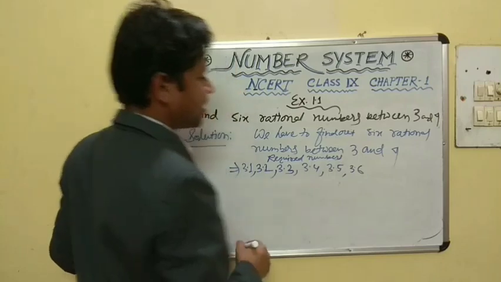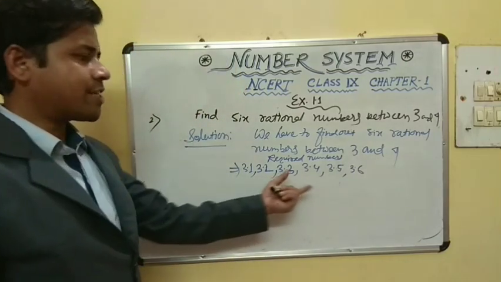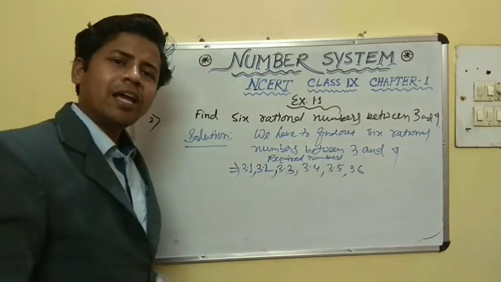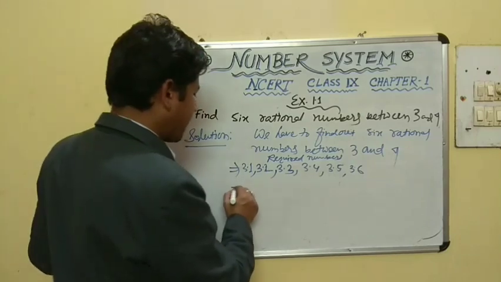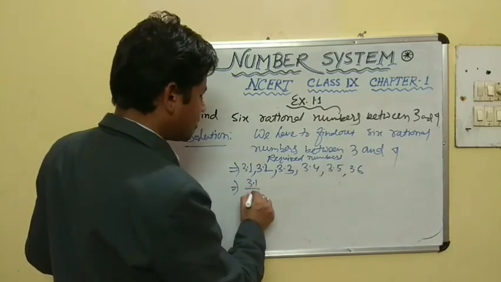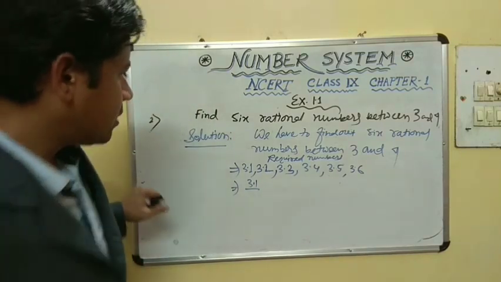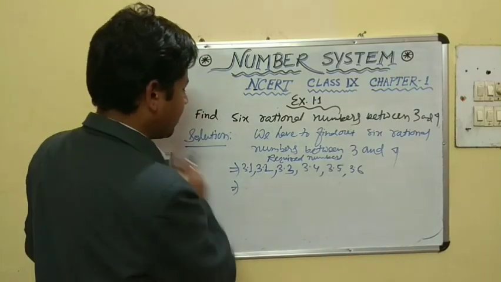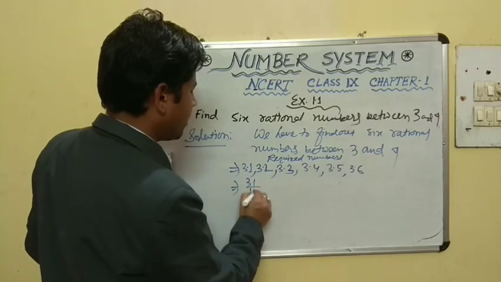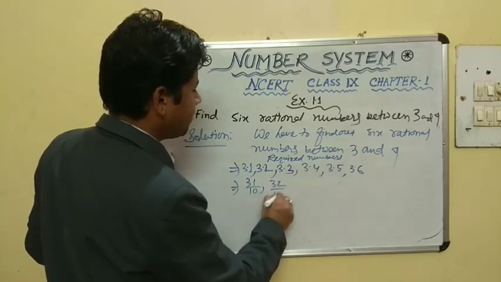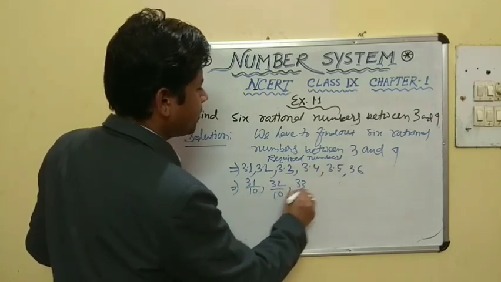But if you want to express this in the form of P by Q, then we have to write 3.1 as 31 by 10, 32 by 10, 33 by 10.